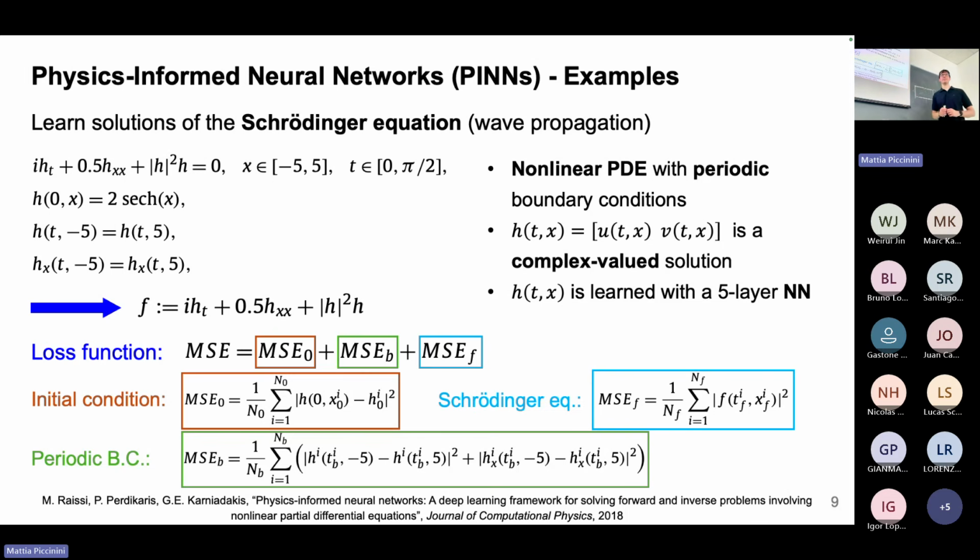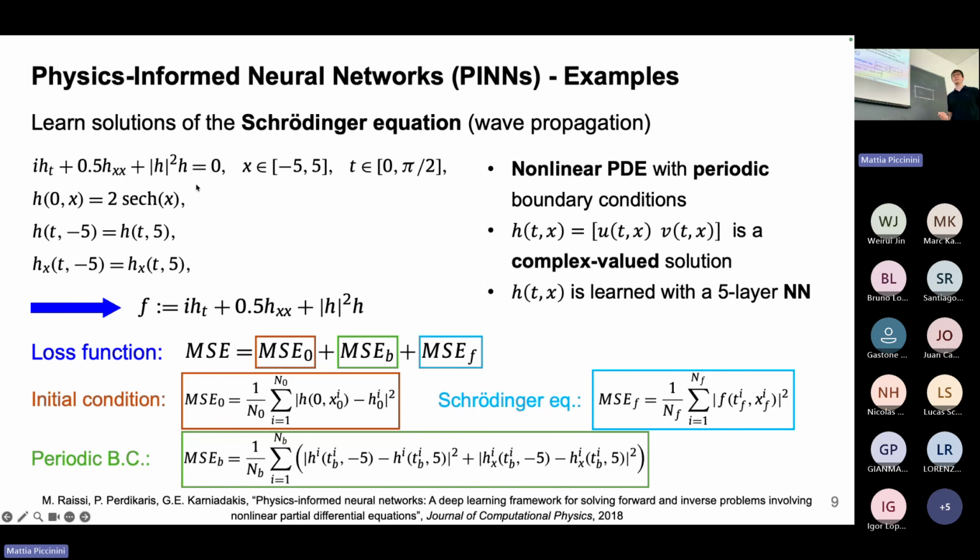Sorry, I don't understand what is being minimized in the F term. It doesn't look like an error to me. Good question. F in this case is the left-hand side of the equation, and this equation you would like to be equal to 0.